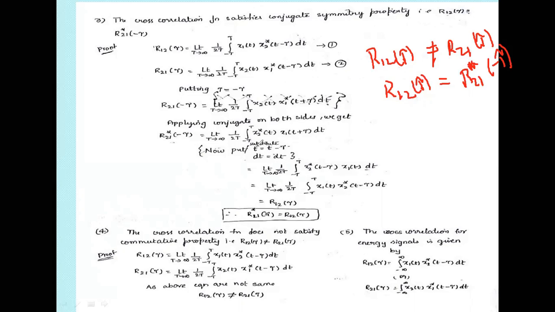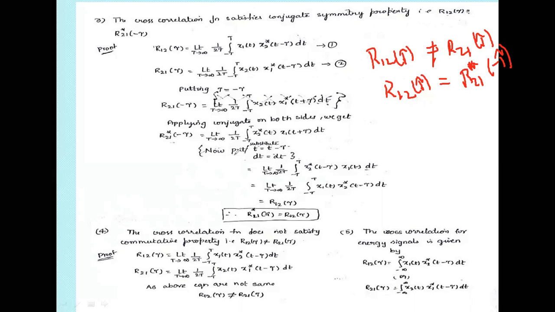Now, let us replace t with t minus tau. dt is equal to dt only, because tau is a constant here.